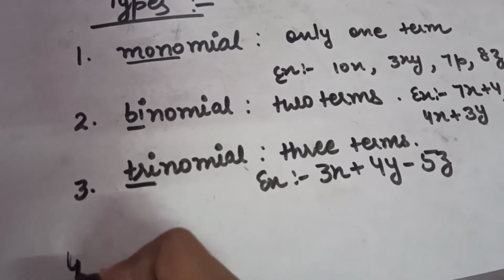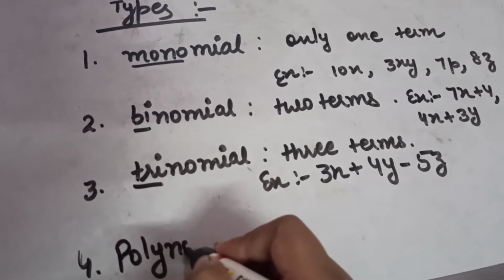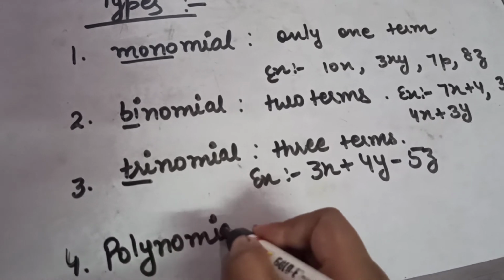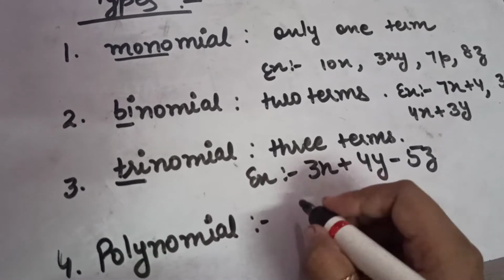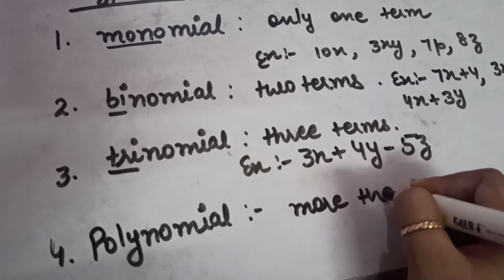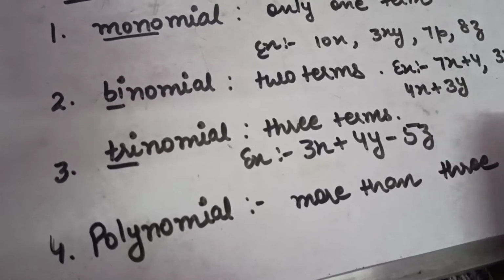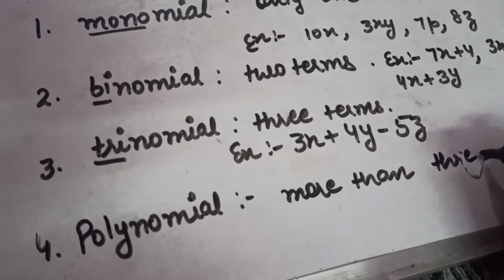After that, the fourth one is polynomial. More than 3 terms. More than 3, or you can say many terms.